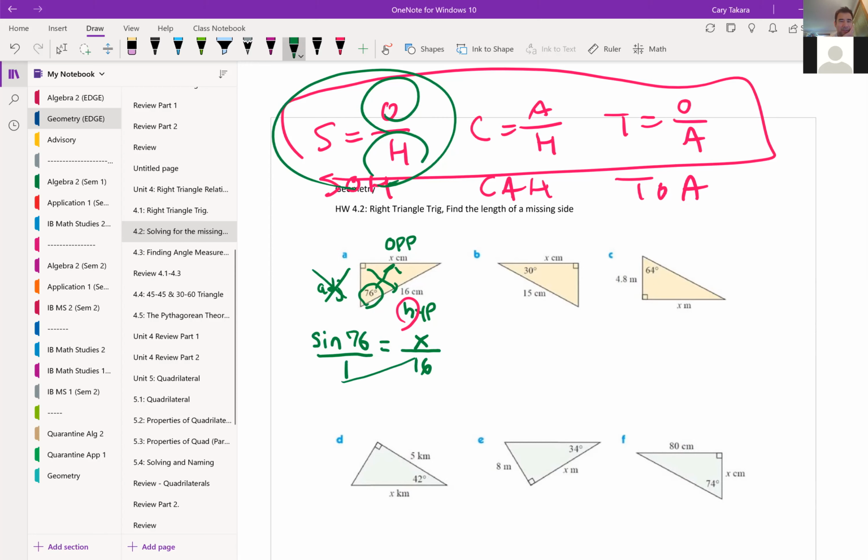So let's take out your calculator. Sine of 76 times 16.